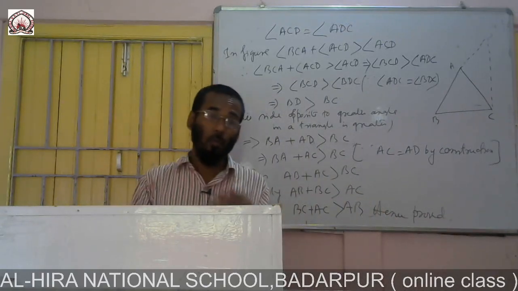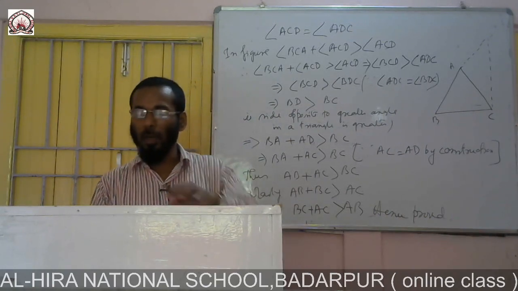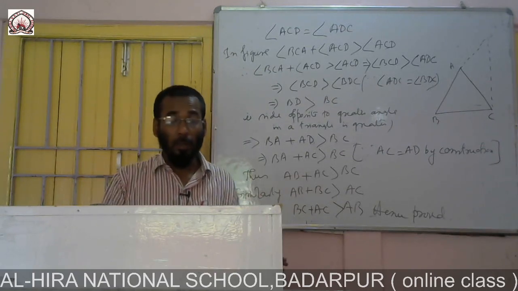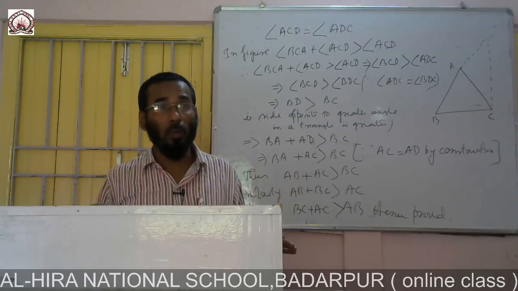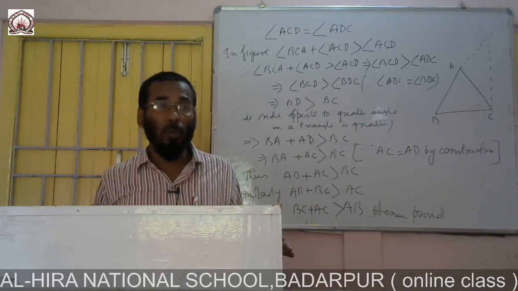So if you go conceptually and read all the chapters very carefully, like the other subjects, all the theorems line by line, and try to understand the concepts, then you can do it easily, otherwise it will be very tough.